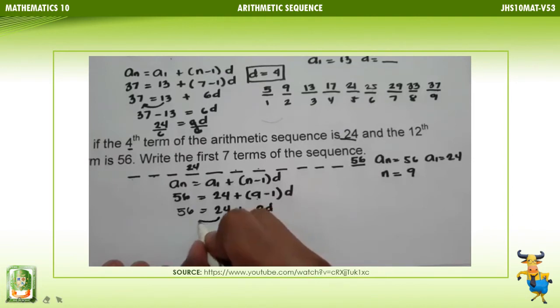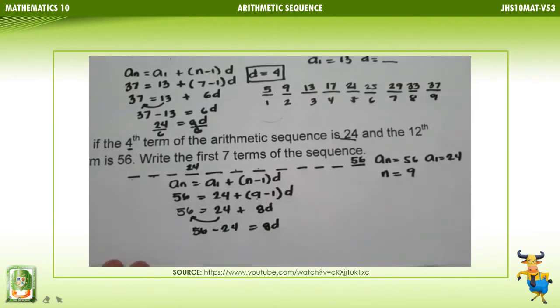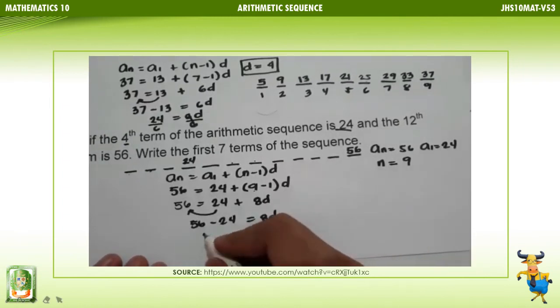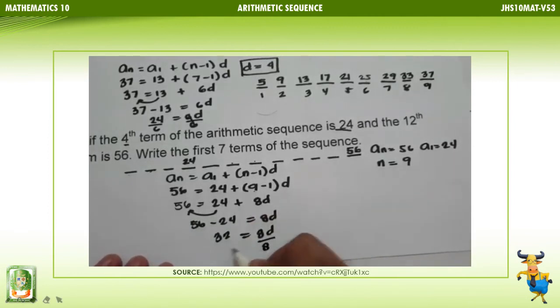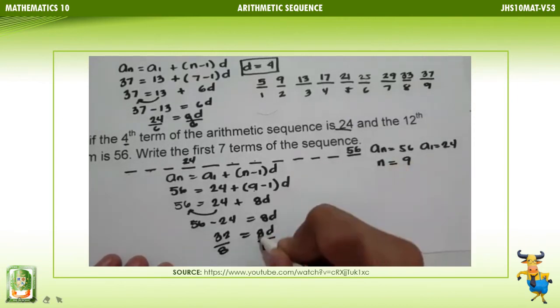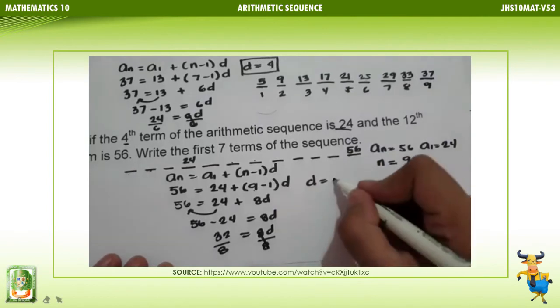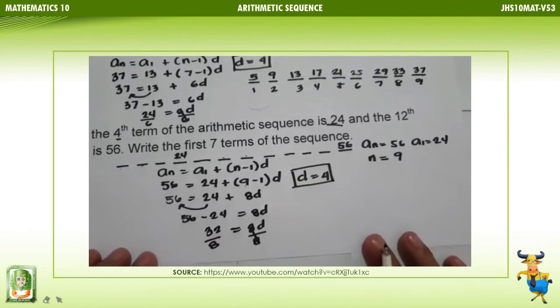Move 24 to the side of 56. So 56 minus 24 equals 8d. Then 56 minus 24 is 32, equals 8d. Divide both sides by 8. So our common difference is 32 divided by 8, that is 4.